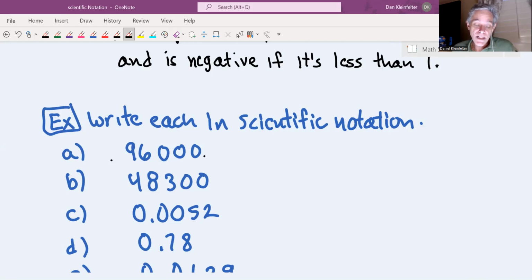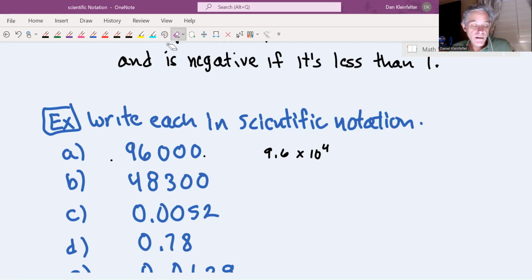So I'm going to have to move the decimal point 1, 2, 3, 4 places to the left because I need my A to be 9.6. It can't be 0.96 because that's less than 1, and it can't be 96 because that's more than 10. It has to be 9.6. So we've moved the decimal point 4 places to the left. And so we'll have 9.6 times 10 to the fourth power. Okay, so that represents our 96,000 in scientific notation.